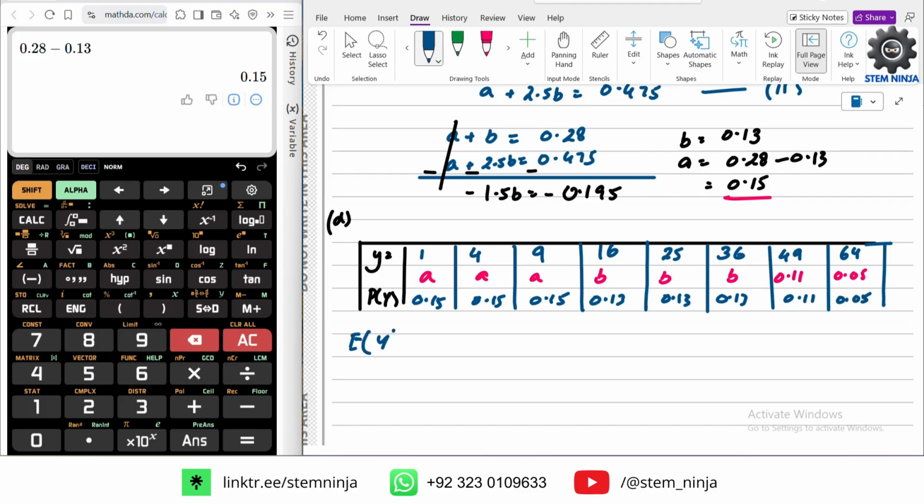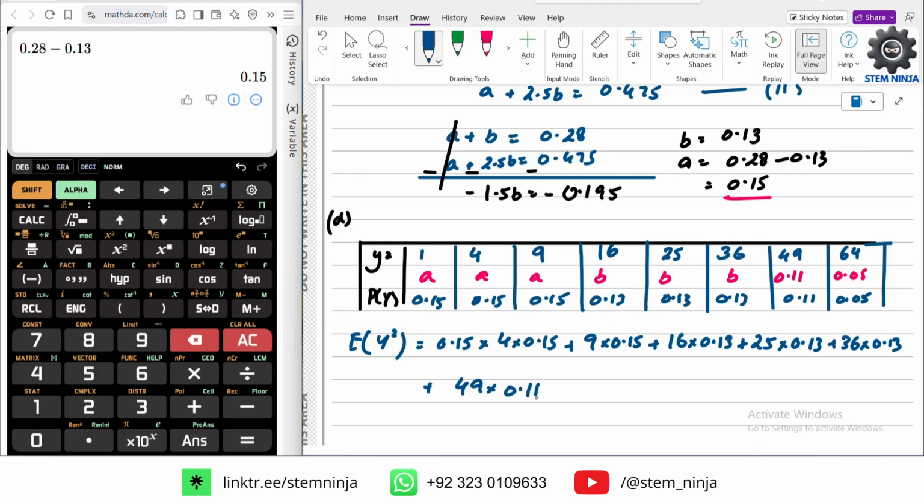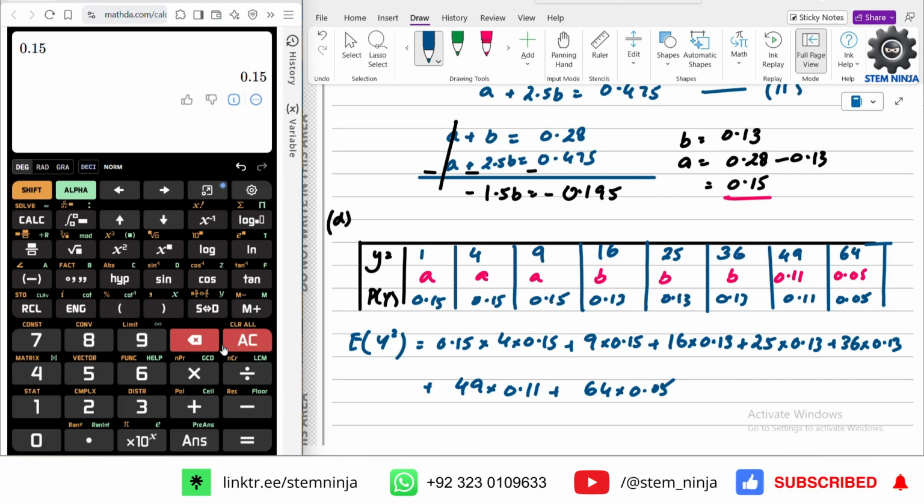Okay, so expectation of Y squared is 1 times 0.15 plus 4 times 0.15 plus 9 times 0.15 plus 16 times 0.13 plus 25 times 0.13 plus 36 times 0.13 plus 49 times 0.11 plus 64 times 0.05.